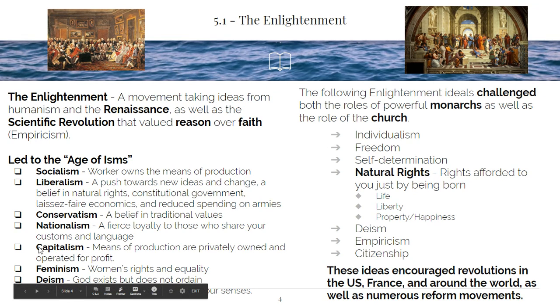Capitalism comes into play when we're talking about the Industrial Revolution. Capitalism is a free market society, and they say that individuals will make the society great and profitable because they will be competitive with one another. It's better for the individuals to have the power rather than the state.